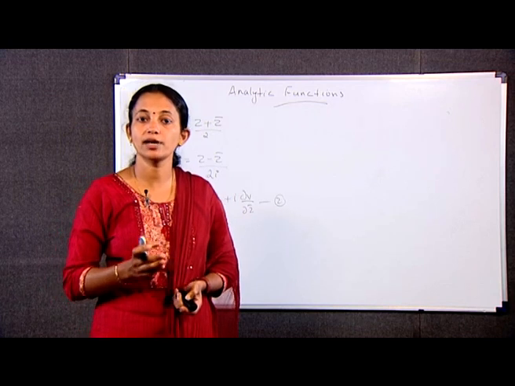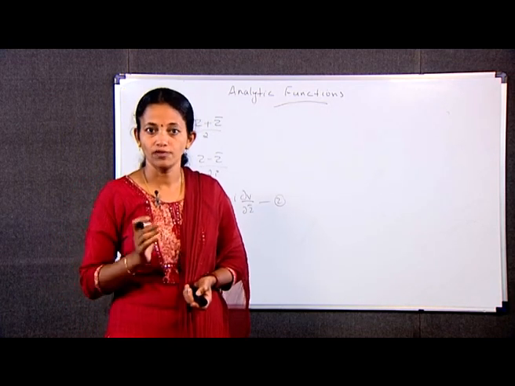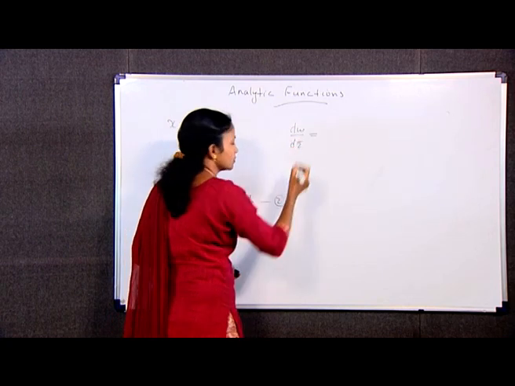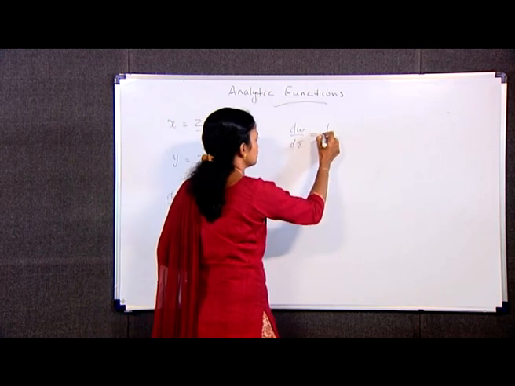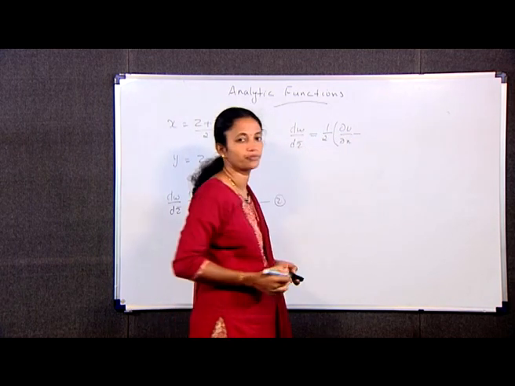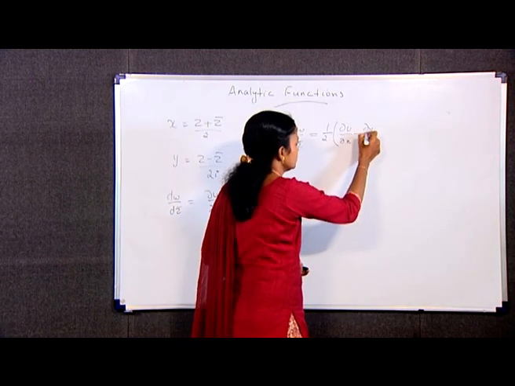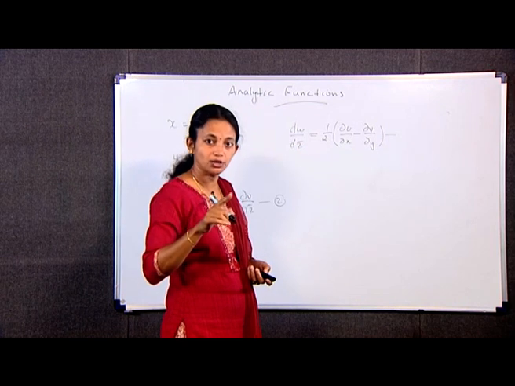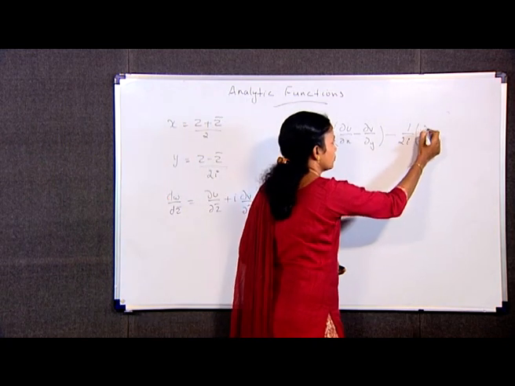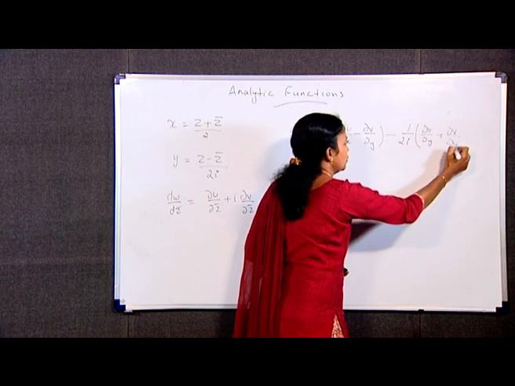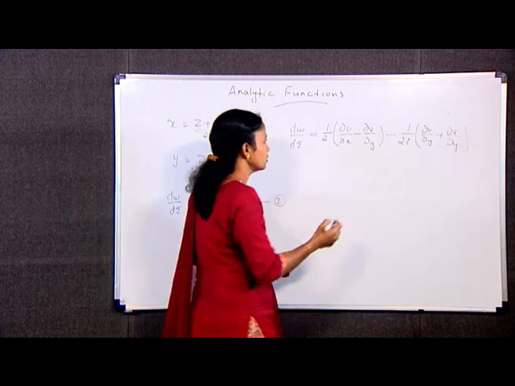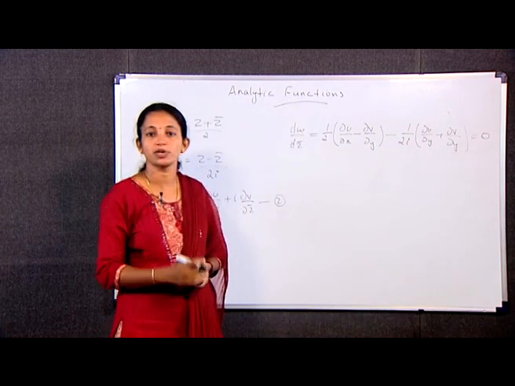Putting these values in expression 2 of theorem 4, we obtain dw/dz̄, which is equal to 1/2 into (∂u/∂x minus ∂v/∂y) minus 1/(2i) into, in the brackets, (∂u/∂y plus ∂v/∂x), which is equal to 0 using the Cauchy-Riemann equations.